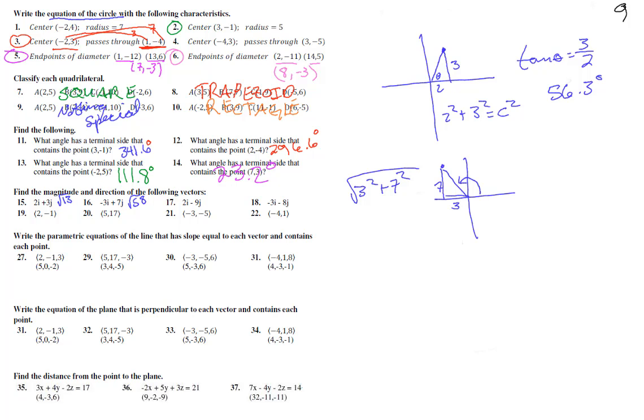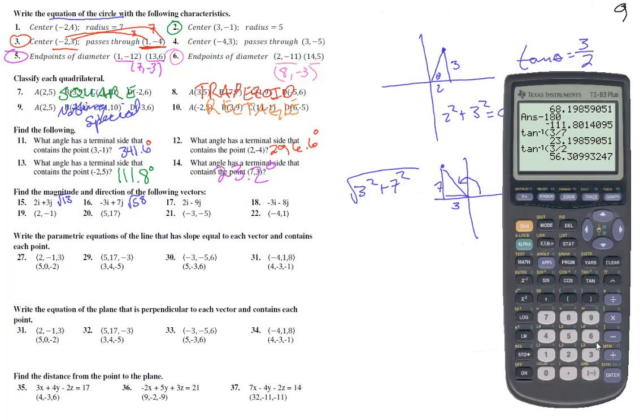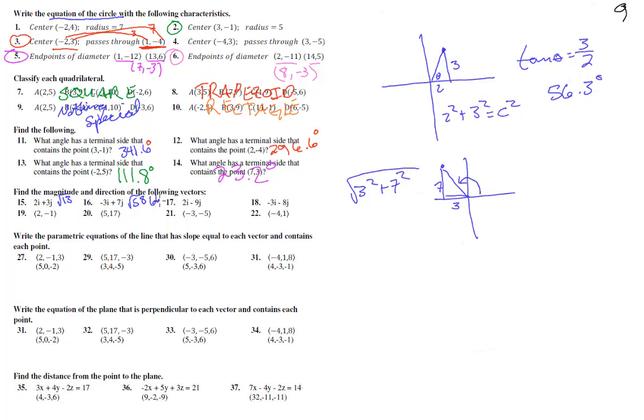We're going to be more than 90. 7 divided by 3, and do the inverse tangent of that particular answer. And we get 66.8 degrees.